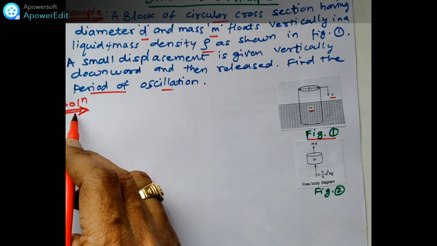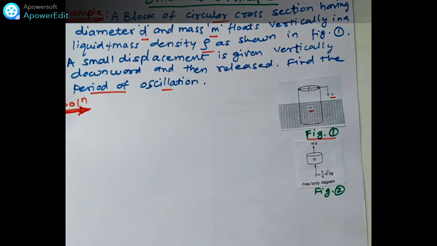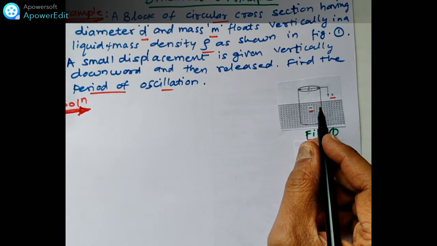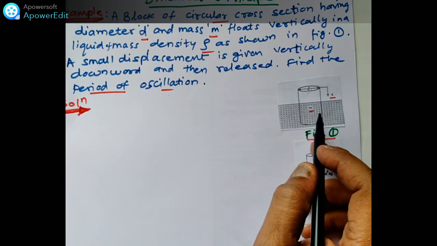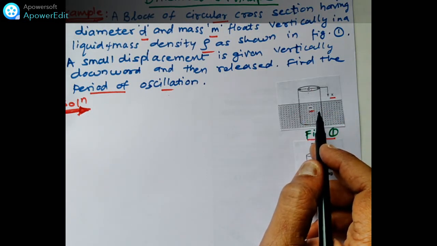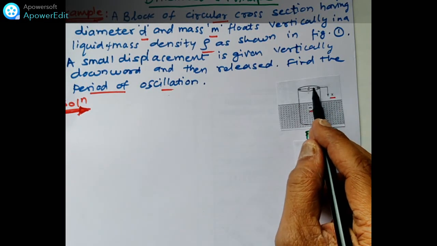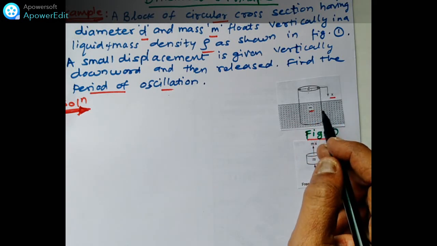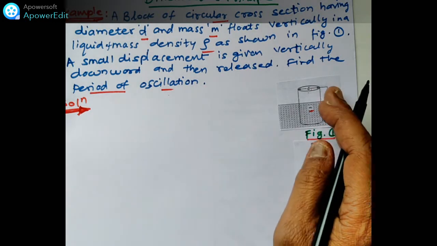While writing this solution, we are going to consider a few concepts of the mass and the liquid displaced volume. How do we calculate the volume of this circular cross section block? The area is pi by 4 d square, multiplied by x, the distance it is displaced.